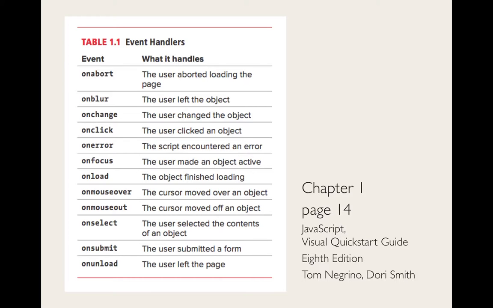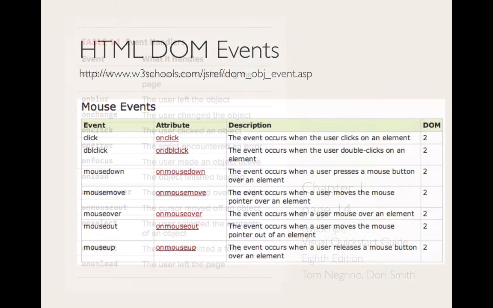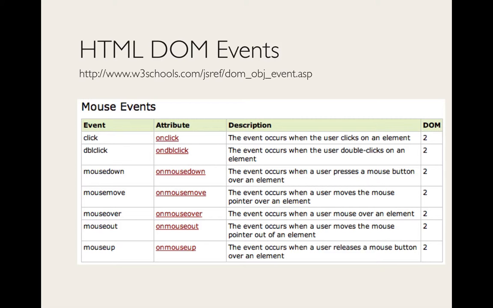And when they leave it, or they click outside of it, it blurs. So you'd have onblur as the event that happens when somebody tabs or clicks out of a form field. There are lots of them. You can find lists everywhere, but the more common ones that you use all the time are the ones you think about: mouse over, click, on focus, on blur, load, unload, those kinds of things.